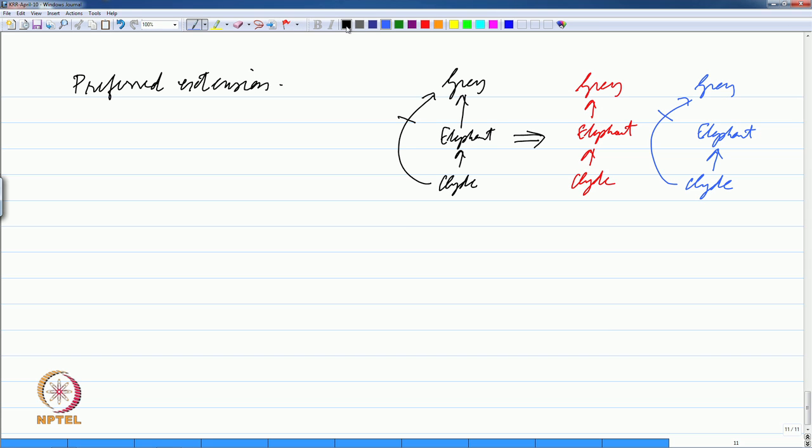So, which of them is the preferred extension? Let us give the definition first. Let x and y be credulous extensions of some inheritance hierarchy tau.